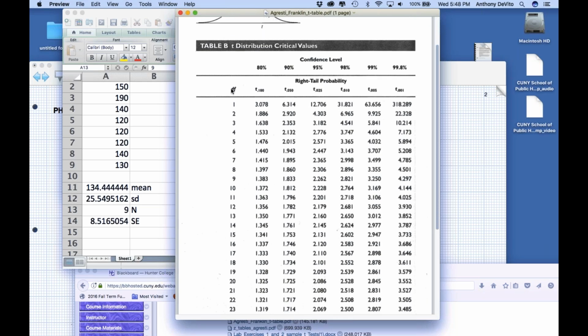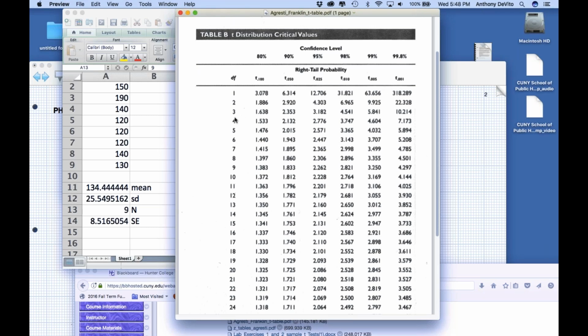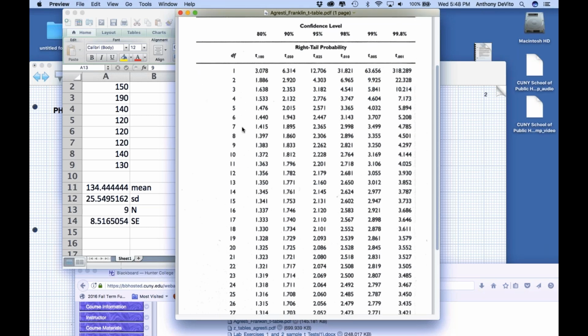One thing you should note is that instead of using sample size, they use degrees of freedom. Degrees of freedom is sample size minus one. So the degrees of freedom in this case for a single sample is 8. We're going to go from 8 across, and you'll see there are different numbers that represent the critical values of t.